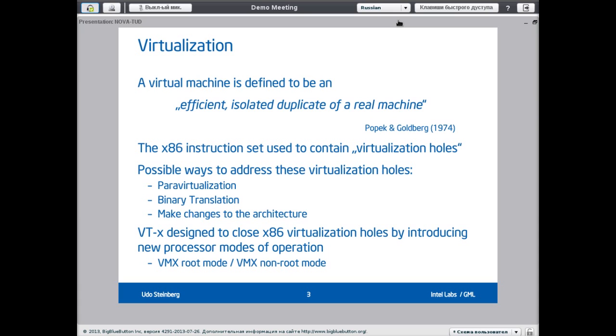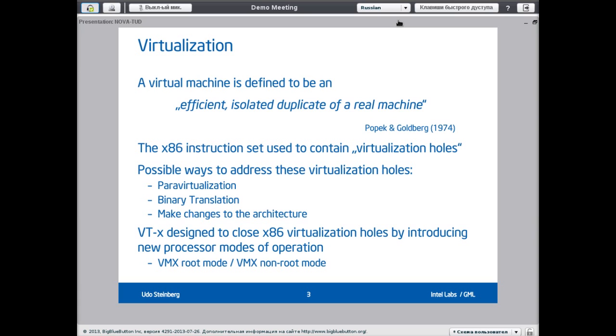Now, there have been different attempts at making the instruction set virtualizable, several different techniques. One is called para-virtualization, where you take the source code, you patch those instructions that are not virtualizable, or another option would be binary translation, where you replace those instructions that are not virtualizable at runtime with traps to the virtualization layer.